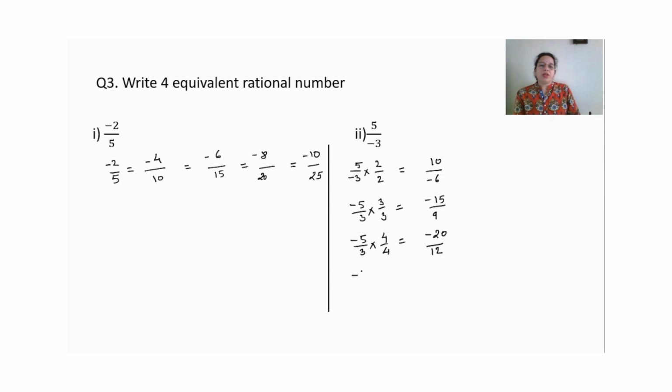Now you can multiply by 5 upon 5, so the answer will be minus 25 upon 15. So these are the two ways I told you to write equivalent fractions. First, the simplest way, just recite the table of numerator and denominator. Or another way, you can multiply the numerator and denominator by the same number so that you will get different rational numbers, and all these rational numbers will be equivalent rational numbers.